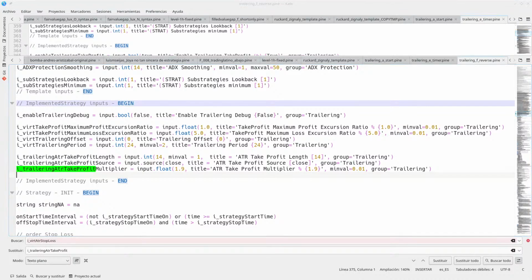So the next stuff that we have is the init variables for this trailing, which is maximum loss price.